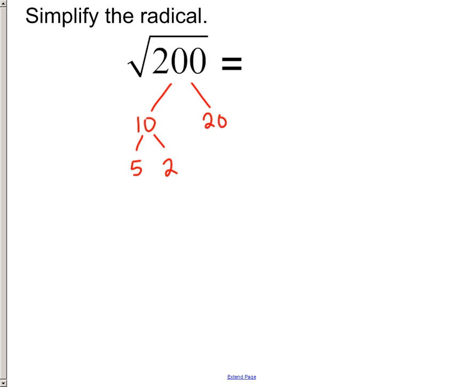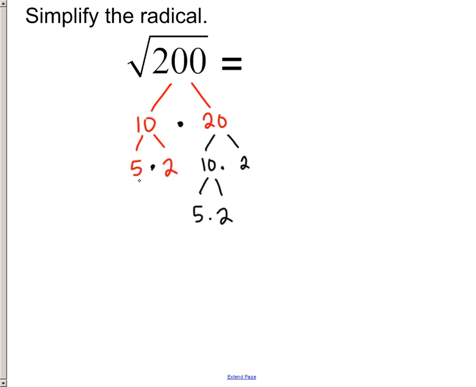Look, 10 times 20 is 200. Well, 5 times 2 is 10. And then here we've got 10 times 2, or you could use 4 times 5 or whatever you want. But now this 10 breaks down into 5 times 2.